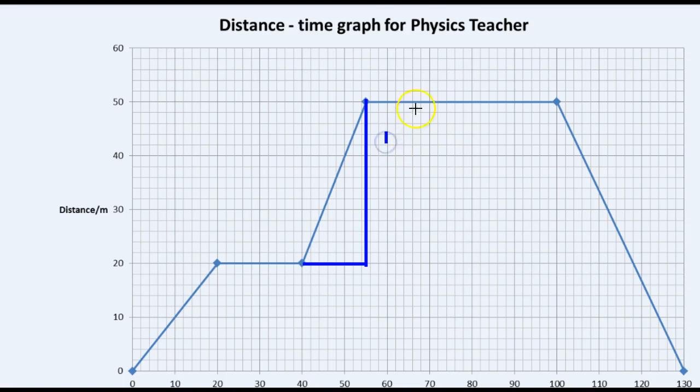So that is 30 meters. And I have travelled this distance in 15 seconds. And so this slope here is 30 divided by 15, which is 2 meters per second.